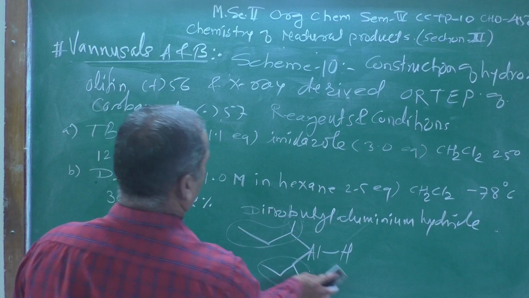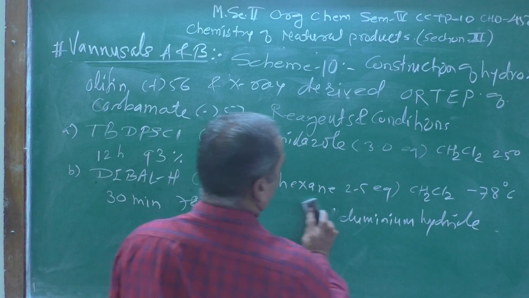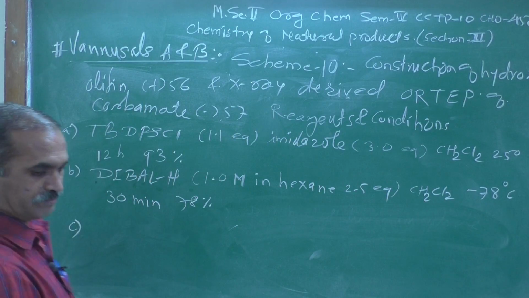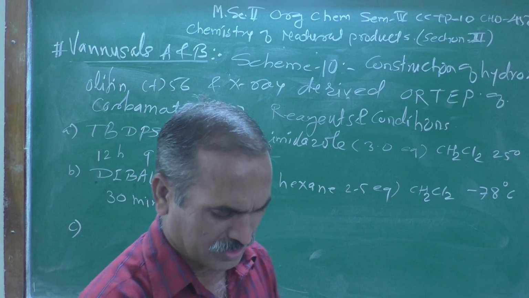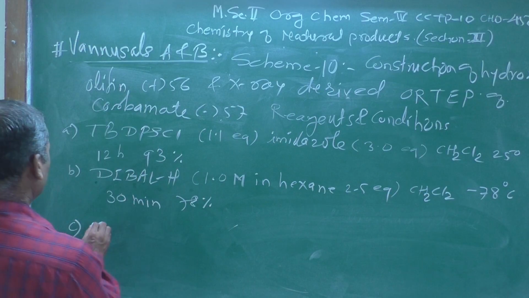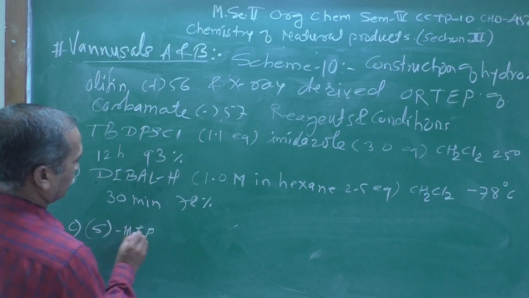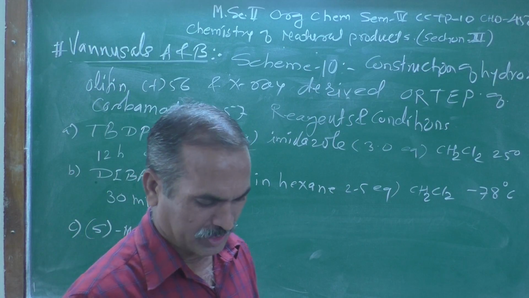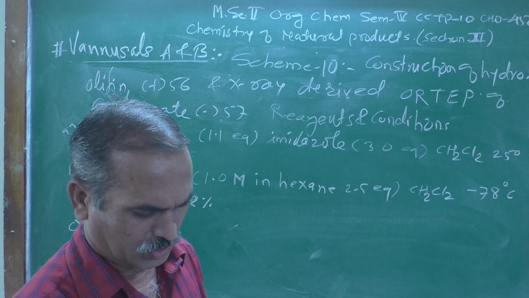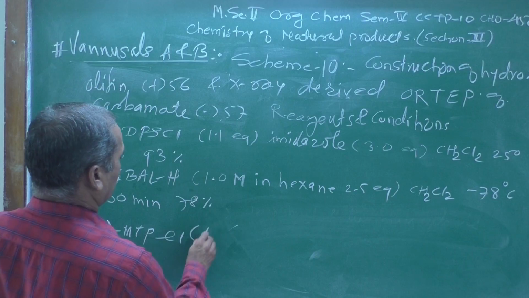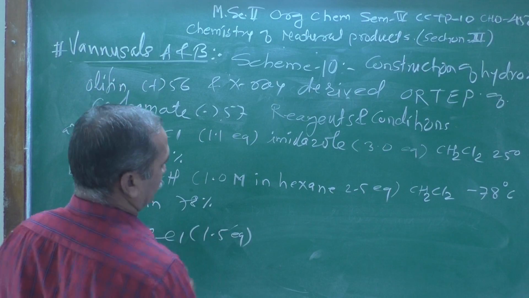Then the next reagent, that is the third reagent, is used as a sulfonyl chloride, which was taken 1.5 equivalent.